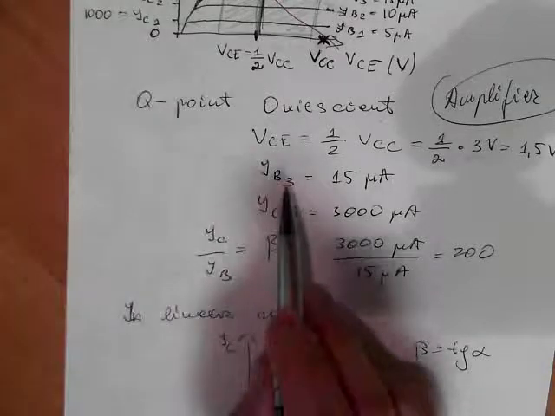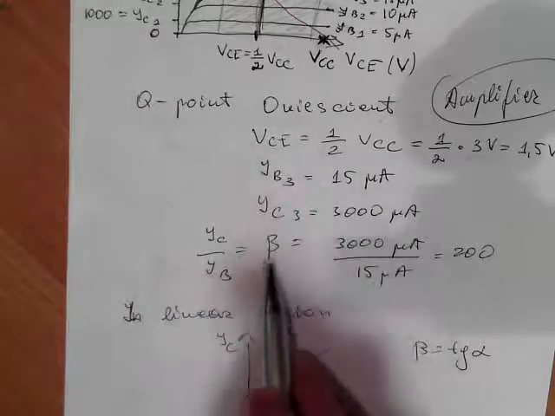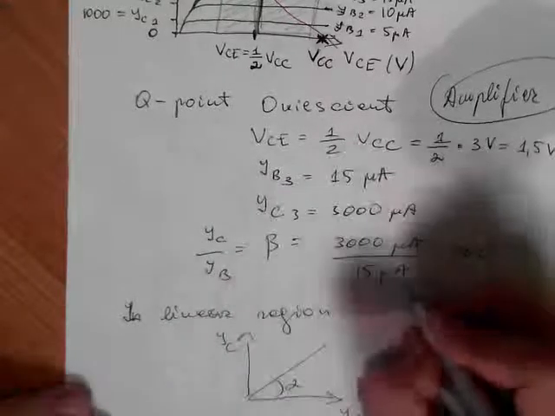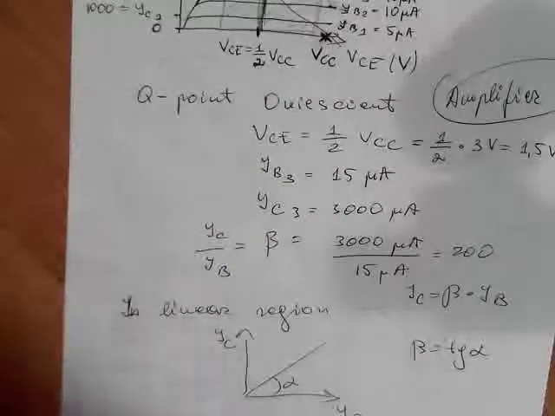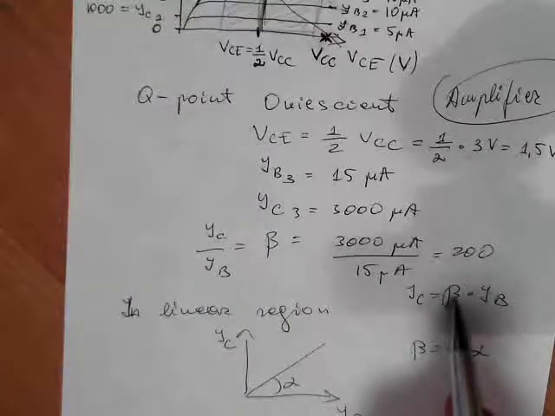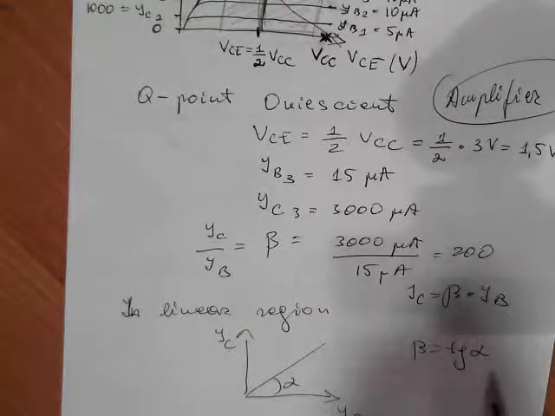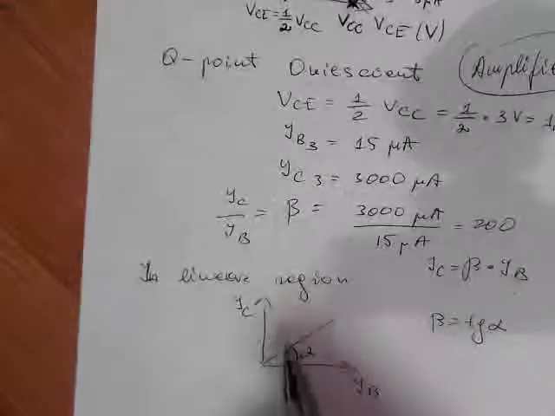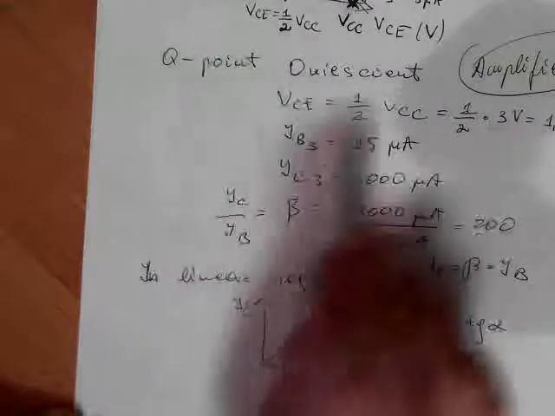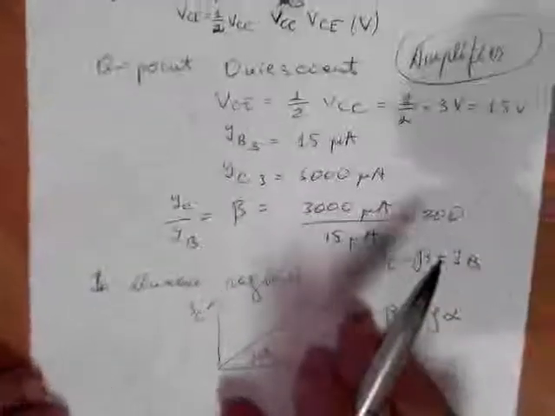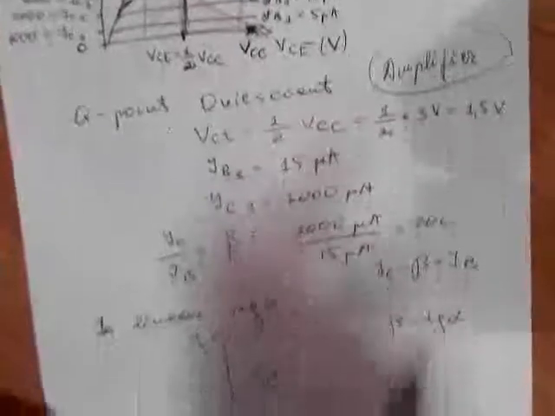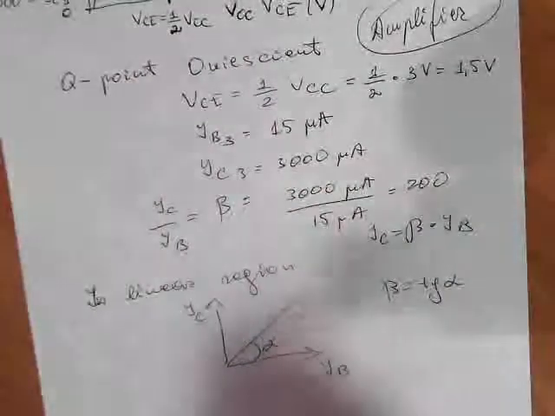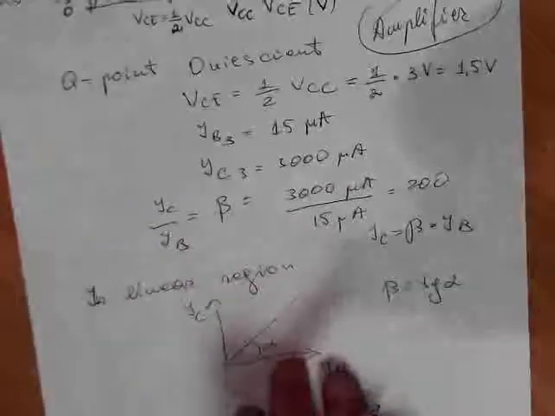The relation between IB and IC, they are proportional, and the relation is equal to beta, or we can write IC is beta times IB. Beta is the current gain, and the relation of IC and IB we get here, and the Q point is described by all this. So the answer to all the parts of question 27 is here.